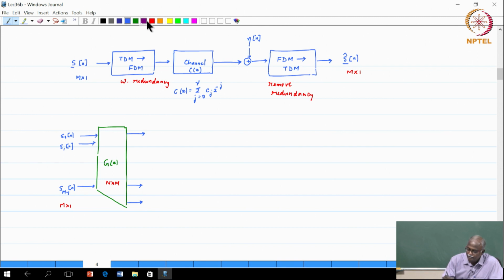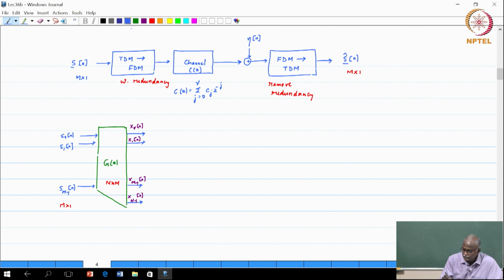We will label them as x sub 0 of n, the next one would be x 1 of n. I want to make sure we get the complete picture. Think of this as x M minus 1 of n, and then the last one as x N minus 1 of n. So, basically the redundancy has been inserted.